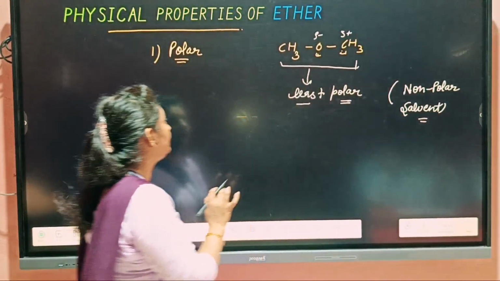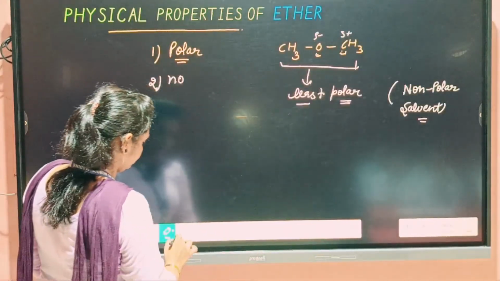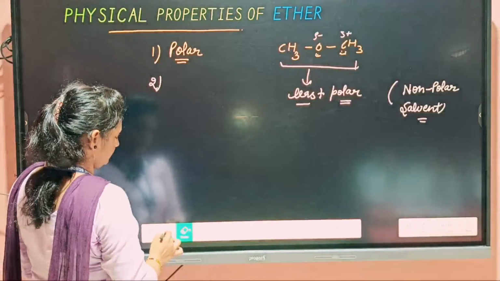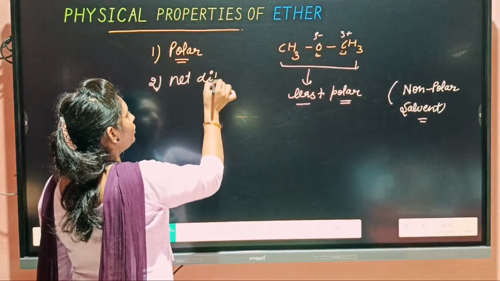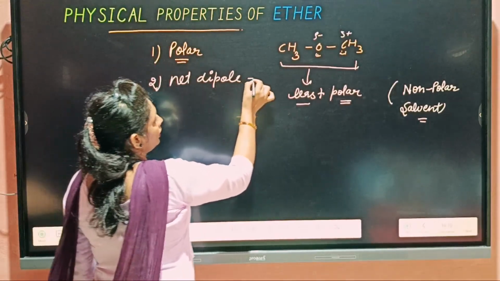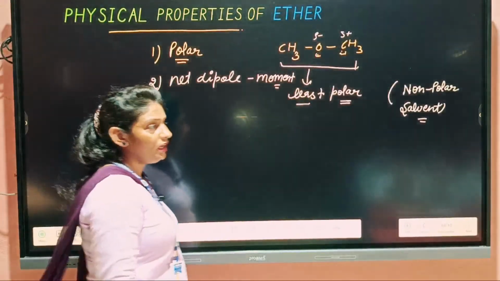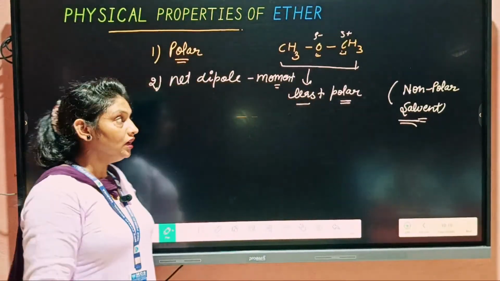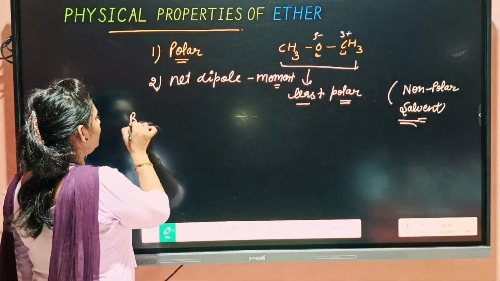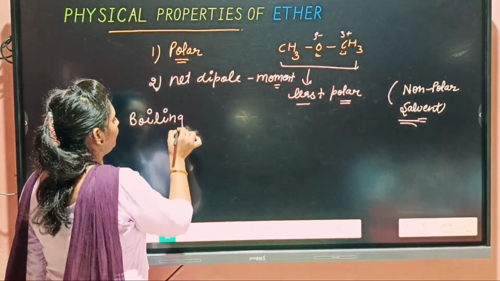Really, they have some net dipole moment because they are polar in nature, but their polar nature is very least. Sometimes they behave like a non-polar solvent also. Clear? Now we will talk about the boiling point and melting point of them.